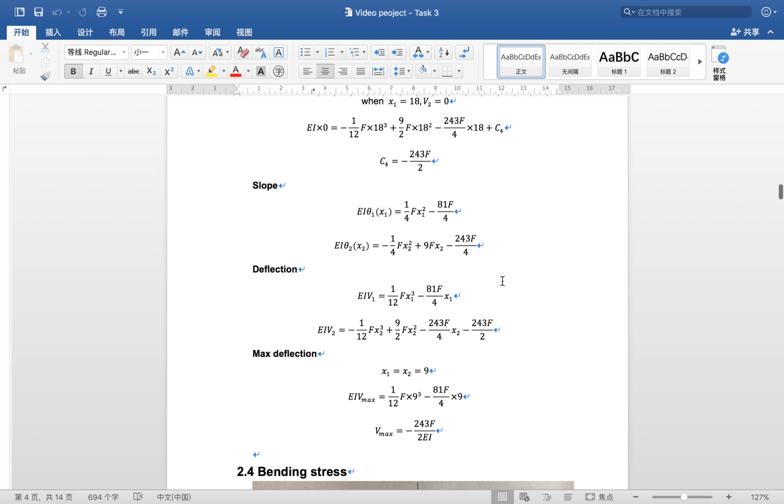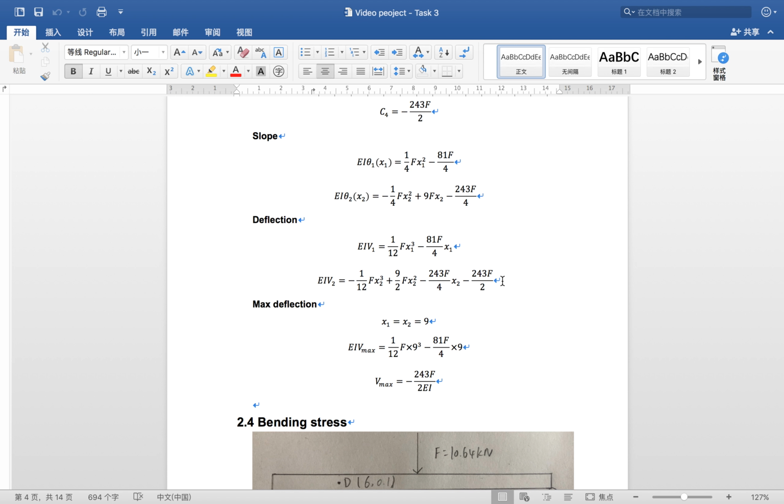And the deflection, the first part of the deflection, is Fx cubed divided by 12 minus 81 times Fx divided by 4.